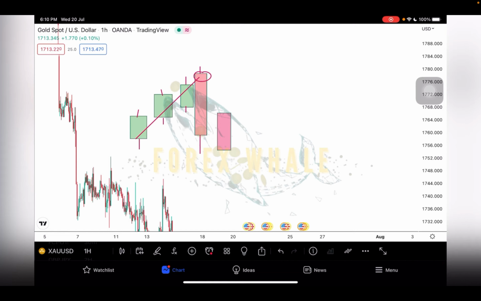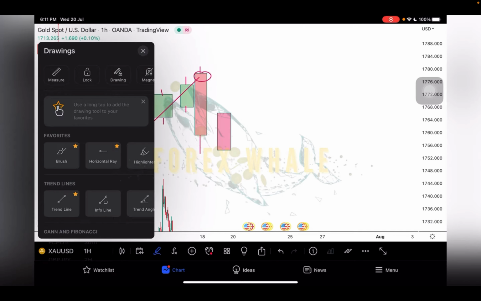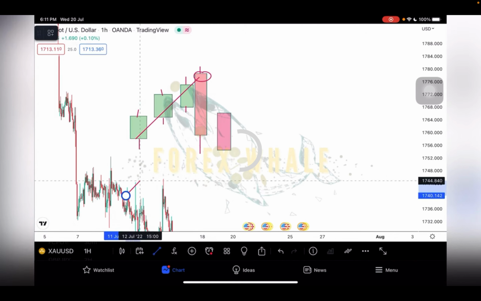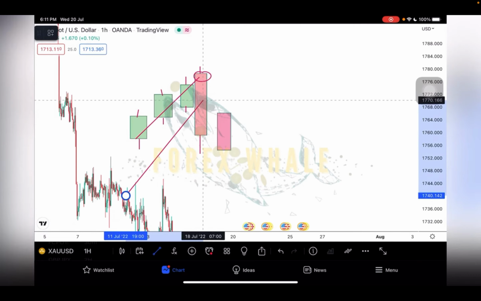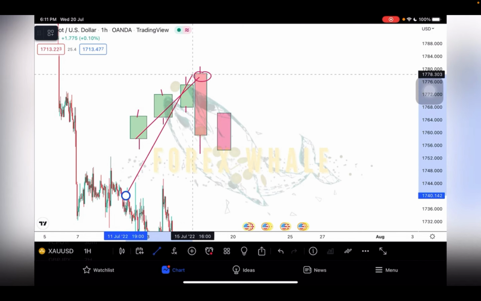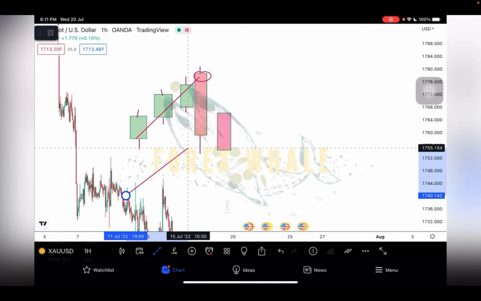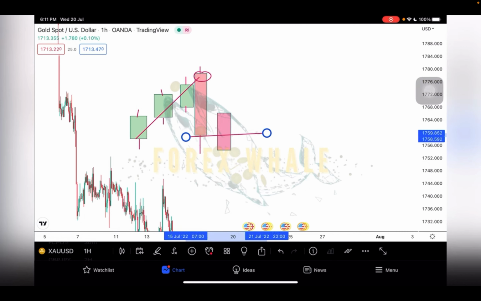And the first one, listen, once price has already created this bearish engulfing, what you can do is wait. Once it has completed this move or this formation, what you can do is just put an instant order.